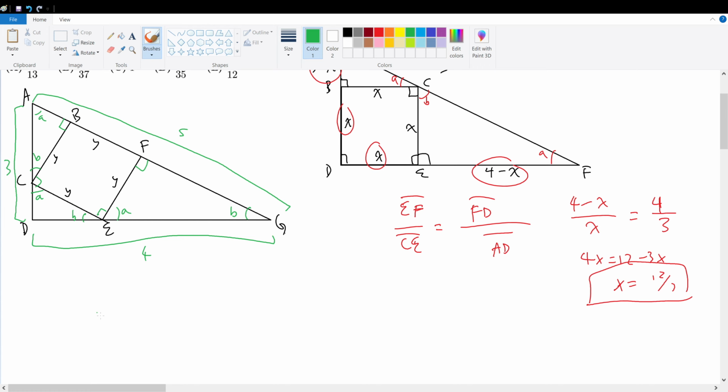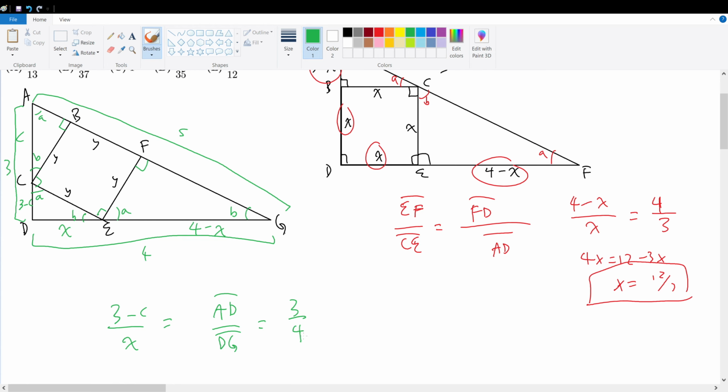So let's say this, I'll call this x. So this is 4 minus x. And let's call this side length c, so this will be 3 minus c. So we know that 3 minus c over x is the same thing as AD over DG, which is the larger right triangle, which is equal to 3 over 4.